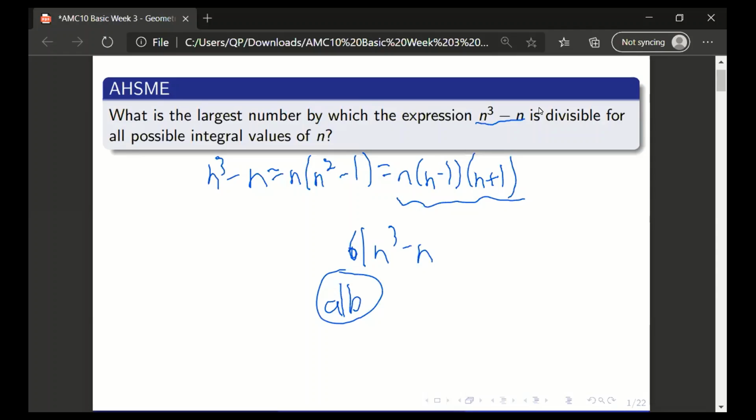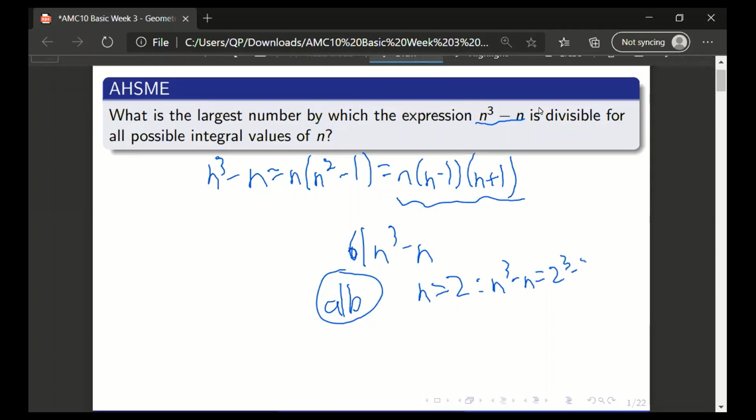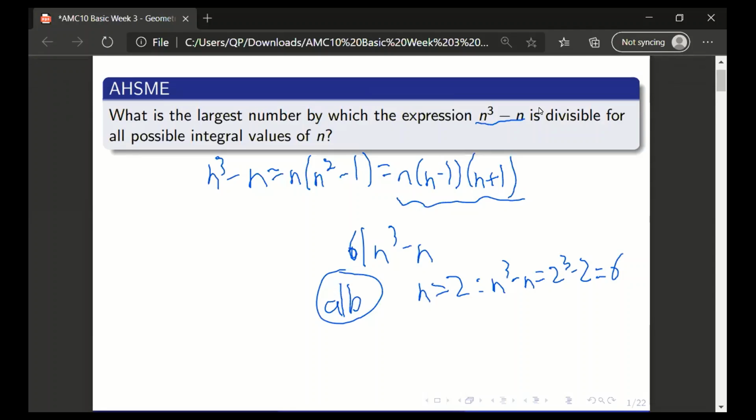Now when you plug in n equals 2, you have that n cubed minus n equals 2 cubed minus 2, which is 6. And so that tells you that there are no larger possible values that can divide n cubed minus n. So the answer is just 6. Are there any questions?